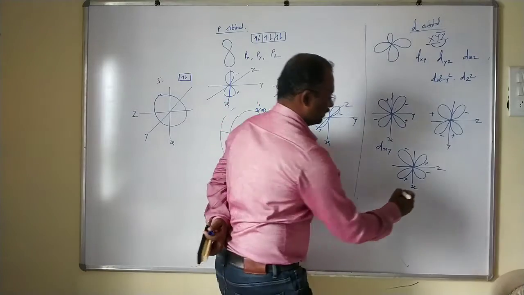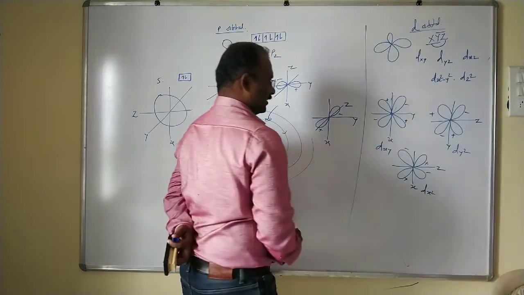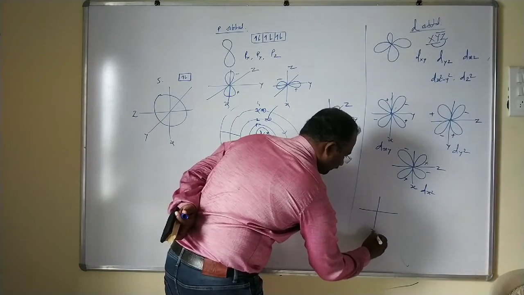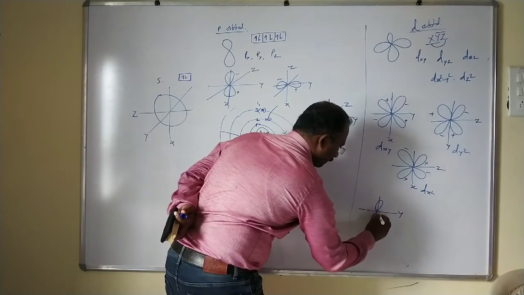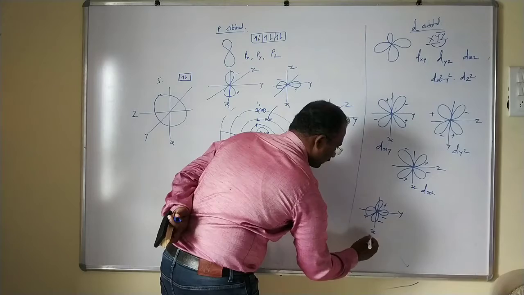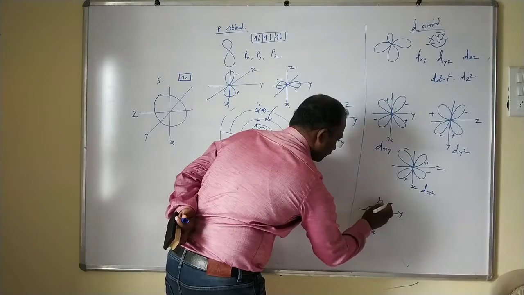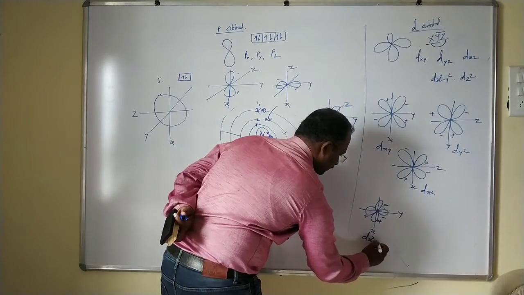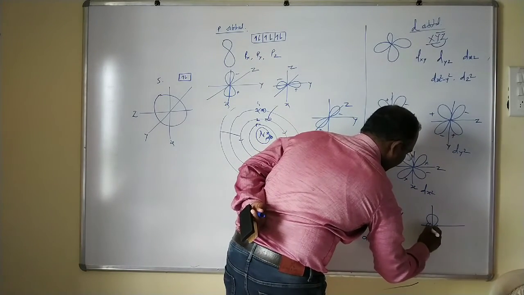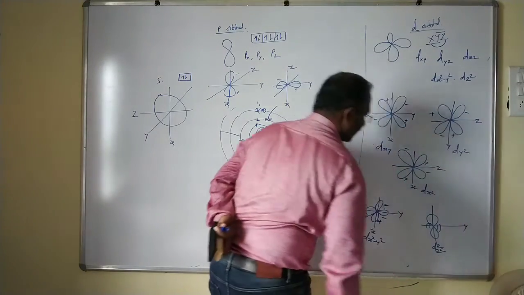This is the shape of dxz. This is the shape of dyz, and the remaining two are dx square minus y square. Dx square minus y square, and this is the dz square. This is the z, this is the y.